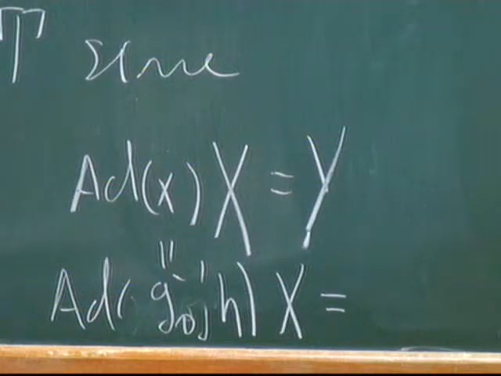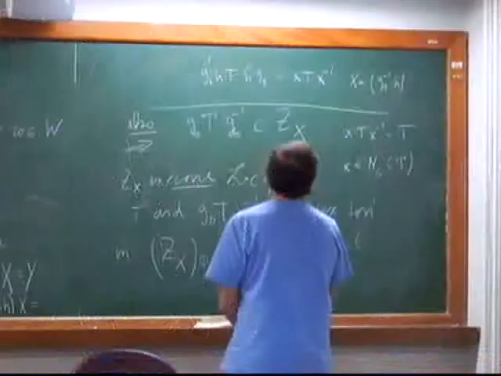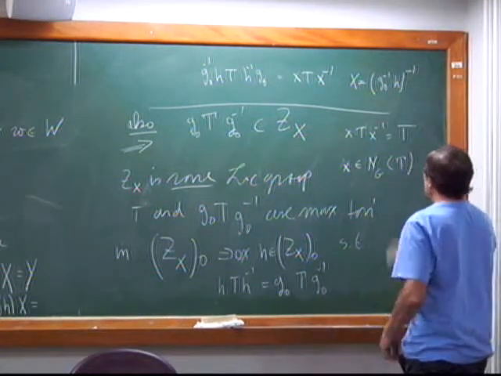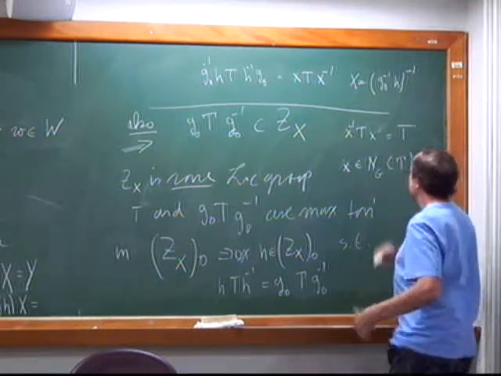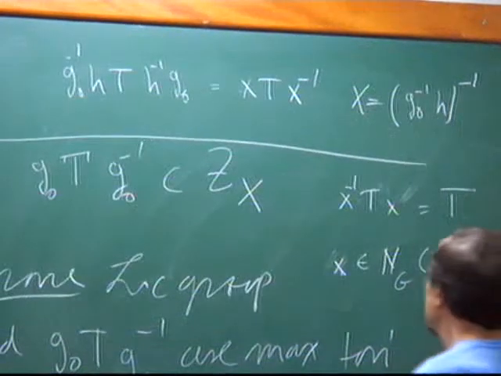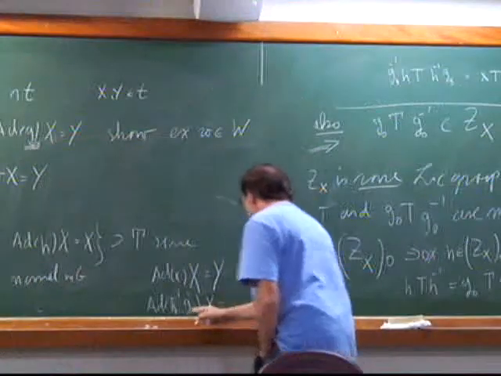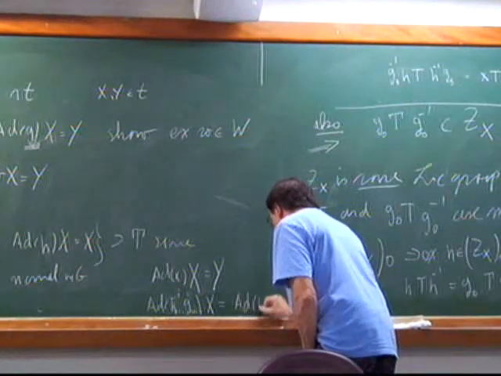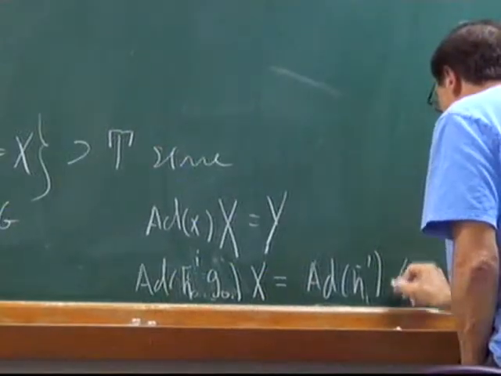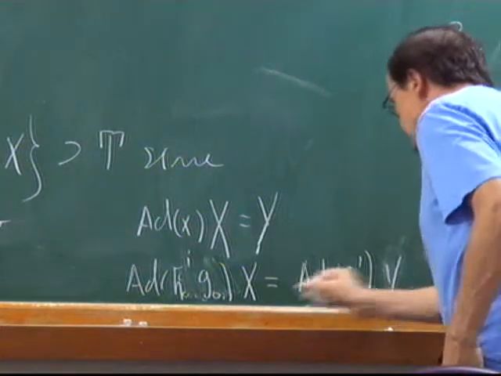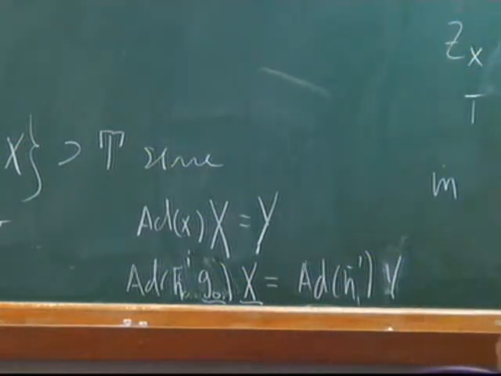I want to put the G0 on the right-hand side. So let's define x as the inverse of that. That doesn't matter. It still means that x lies in the normalizer. So I can let this be h inverse G0. Ad G applied to x is equal to y.